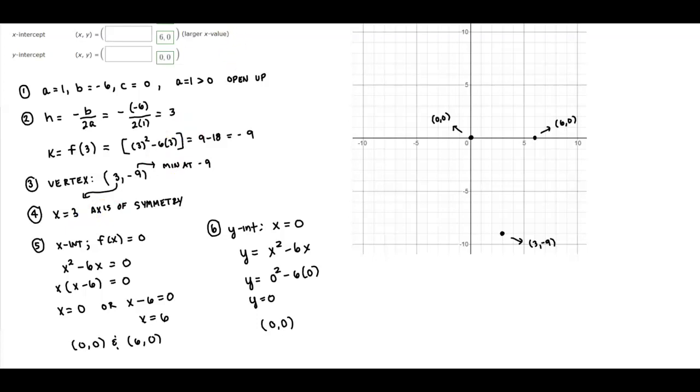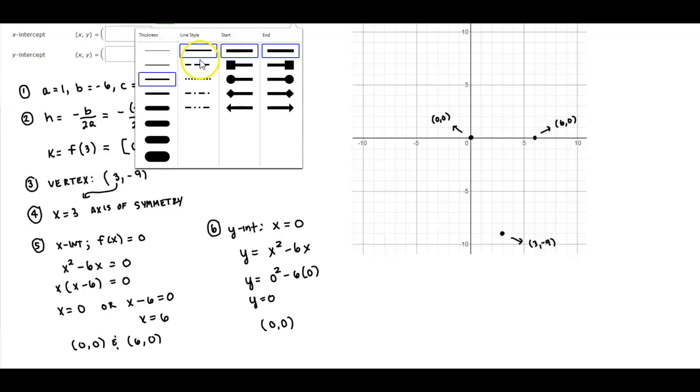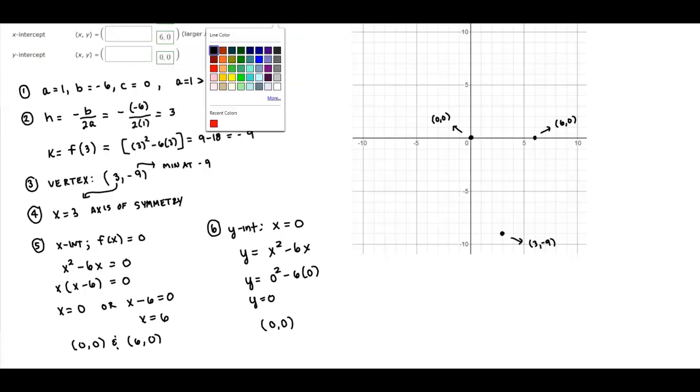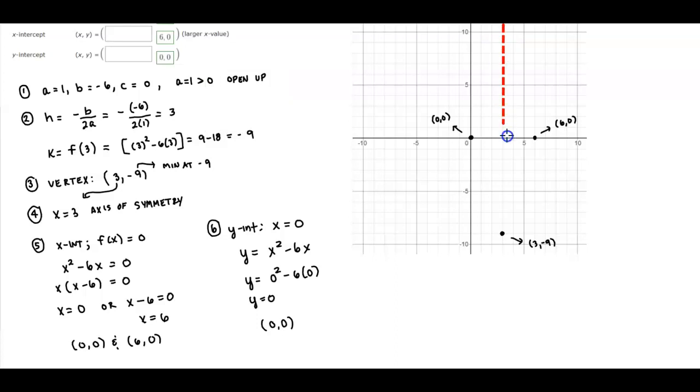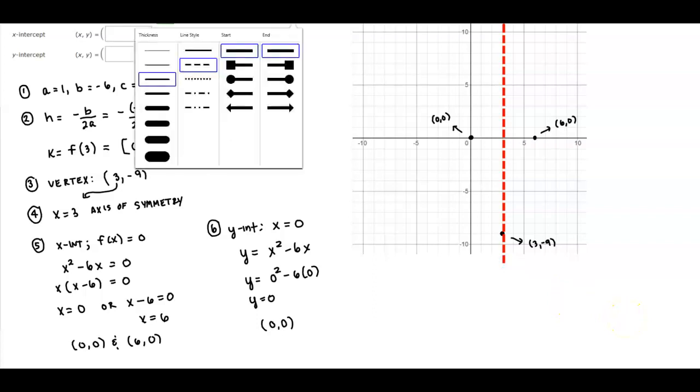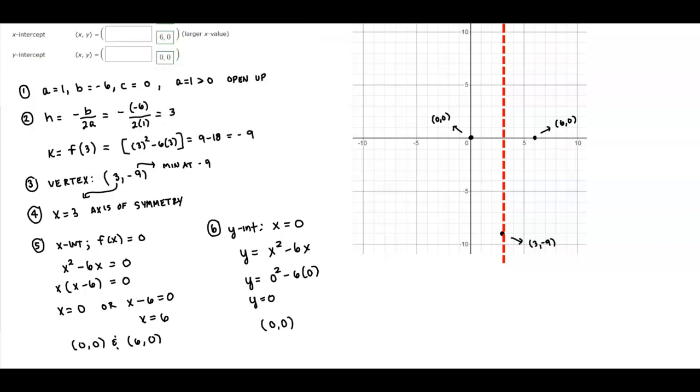So let's go ahead and put the axis of symmetry in. So at the line of x equals 3, we have the axis of symmetry there. So we know that that represents the line of symmetry at x equals 3.